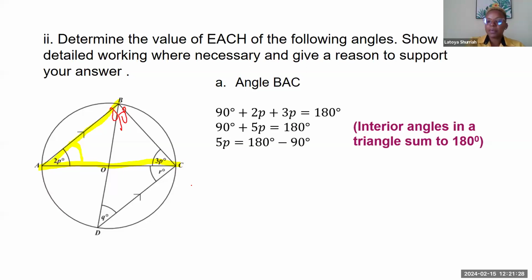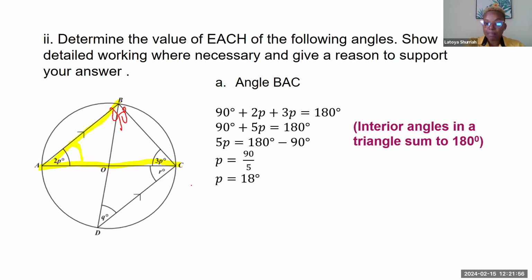Now I need to get p by itself because that's the aim. P is being multiplied by 5 in this case. So to get rid of that 5, I need to divide both sides by 5. 180 subtract 90 would have been 90. So when I divide 5p by 5, I get p alone. Now I'm dividing my 90 by 5. Simplified, that is 18 degrees.